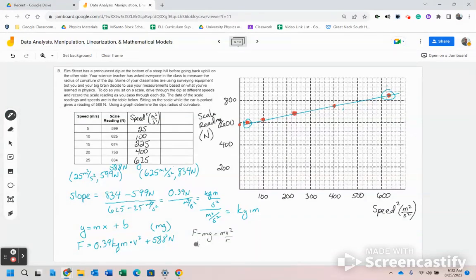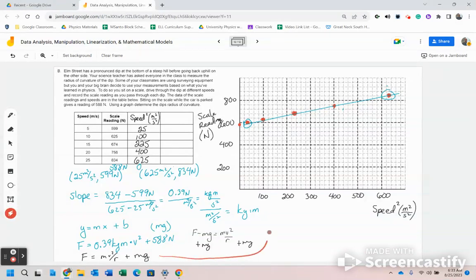So I'm going to add mg to both sides here so that these two equations look similar. Now we have the force is equal to mv squared divided by r plus mg. We can see that the two are the same thing, except in this case, the 0.39 kilograms meters is your slope.